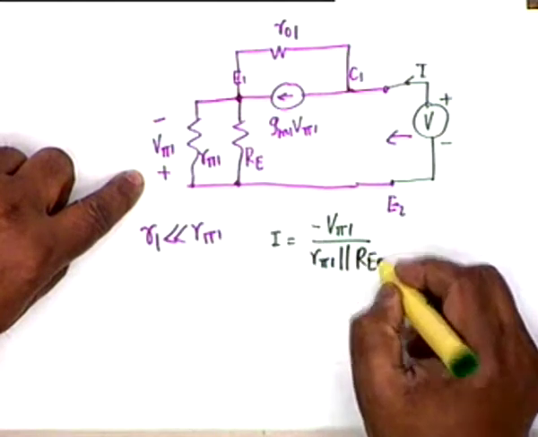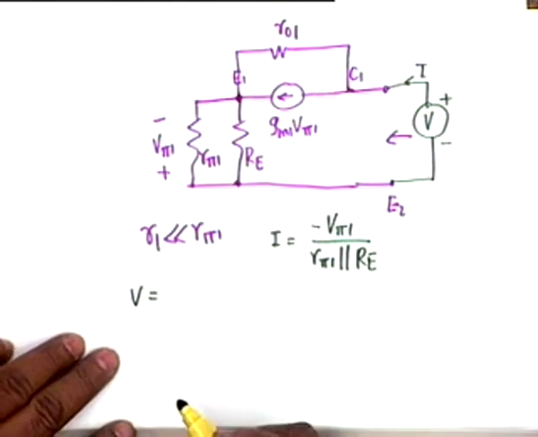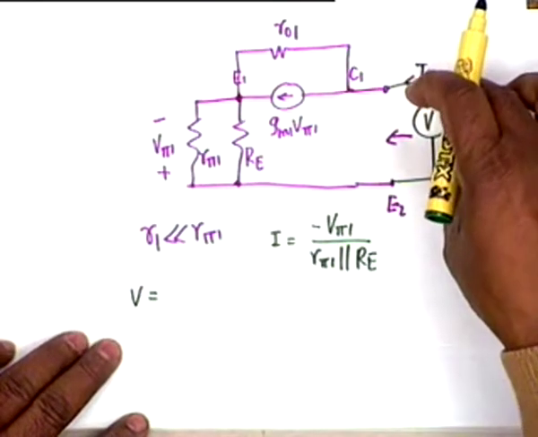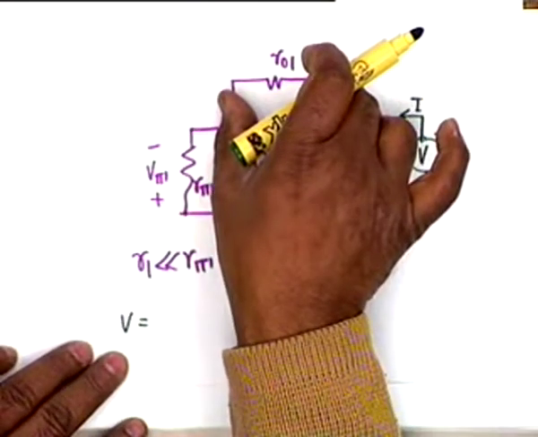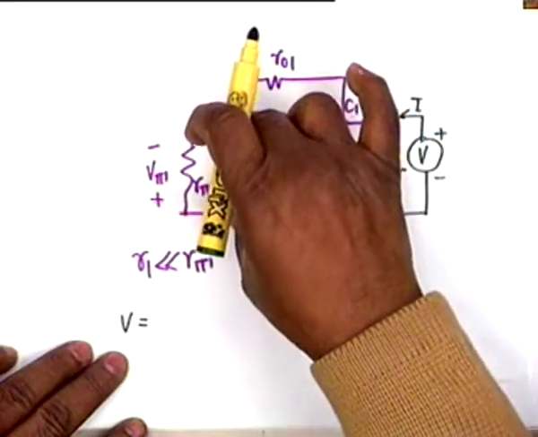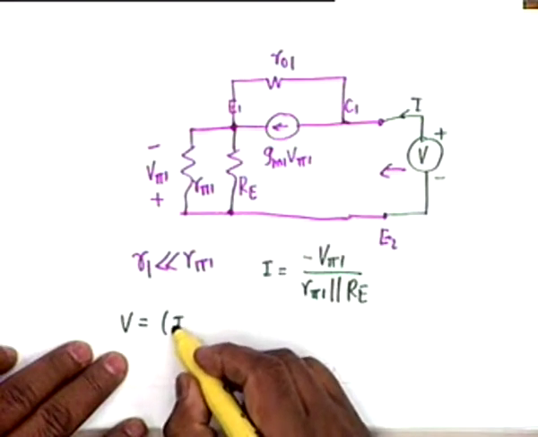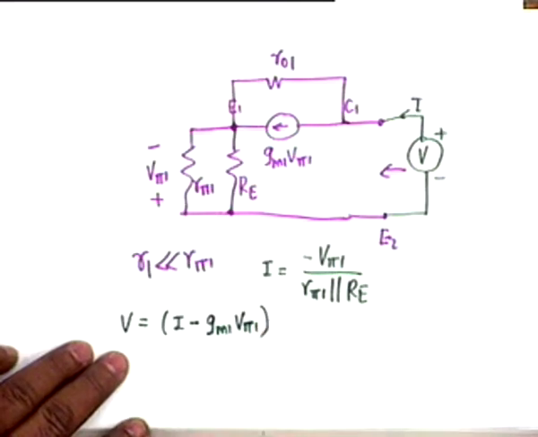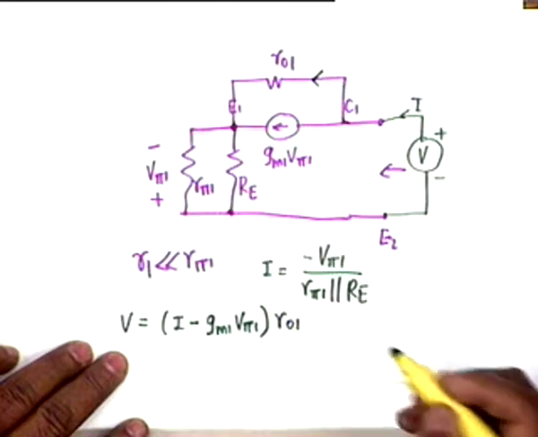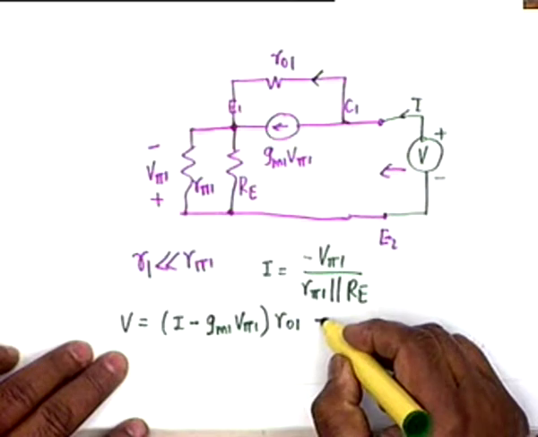R pi 1 parallel RE. And if we write the KVL, V would be equal to the drop in R01 plus the drop in RE parallel R pi. Therefore, V is I minus GM1 V pi 1, this is the current through R01, multiplied by R01, then minus V pi 1.